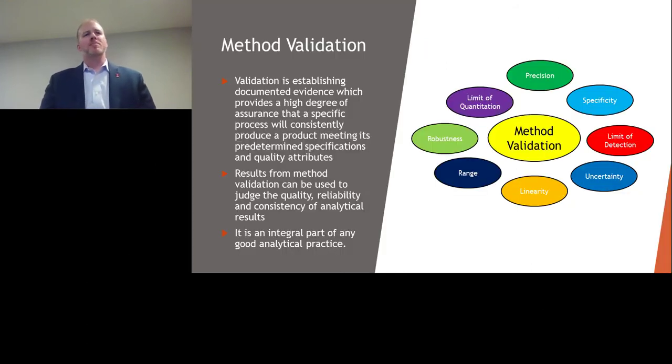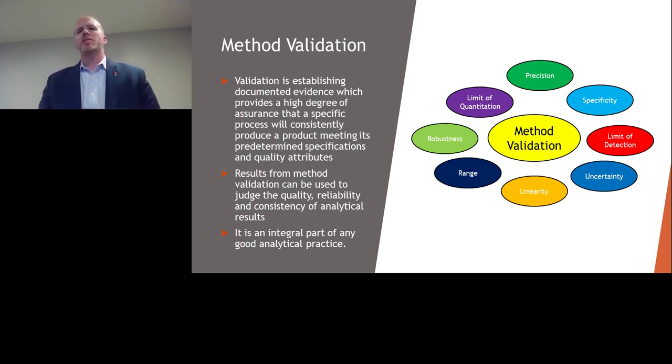So, method validation. Validation is really, in a nutshell, just setting up a system and documenting that you are able to test specifically what you're saying you're testing for, and that you have a high degree of certainty that you're able to provide your clients with what you're saying you are actually providing them, and that your results are trustworthy, and that anybody can look at your method and say you have shown everything you need to know to prove that your method is up and running the way it's supposed to be.